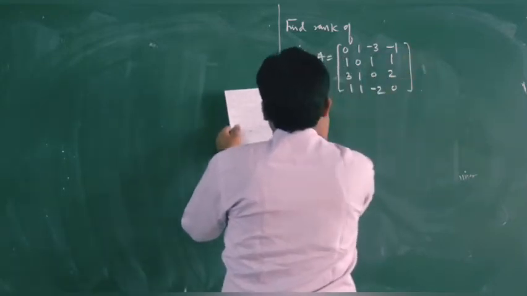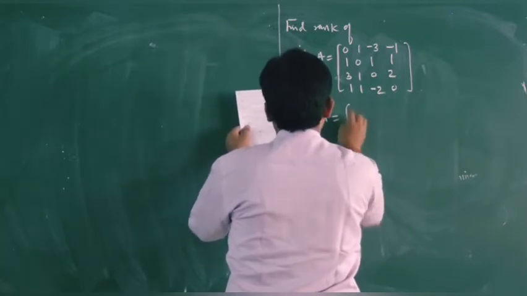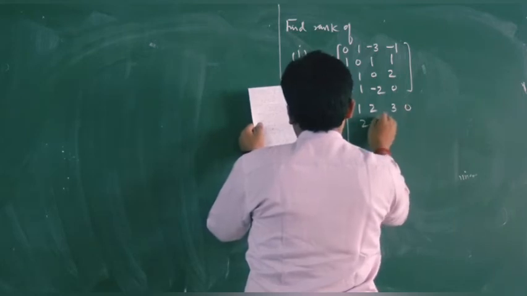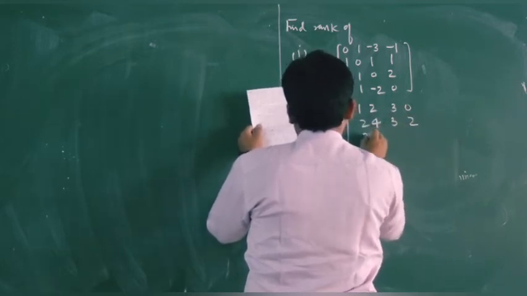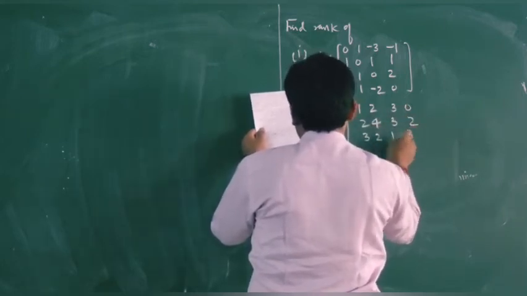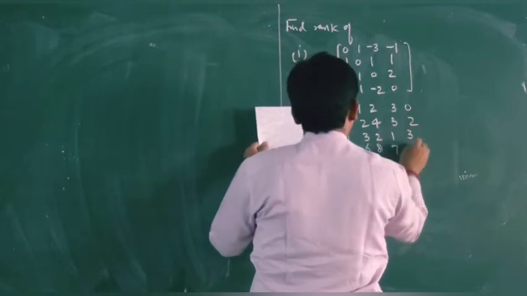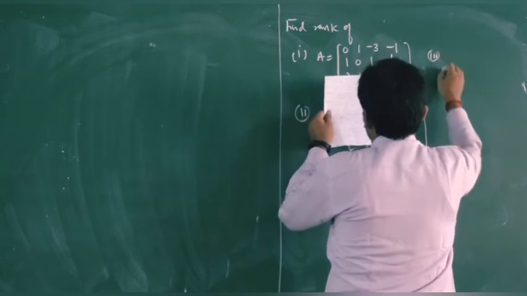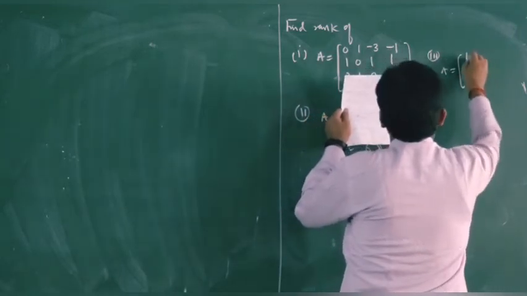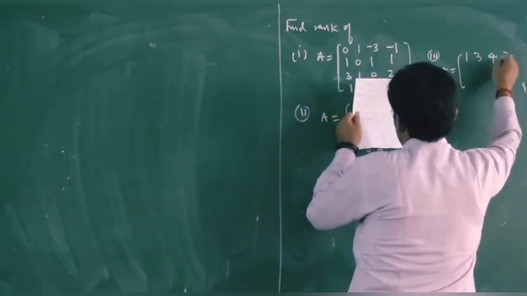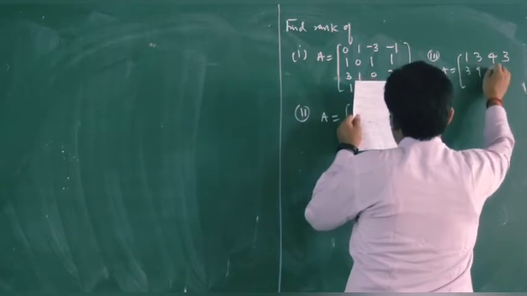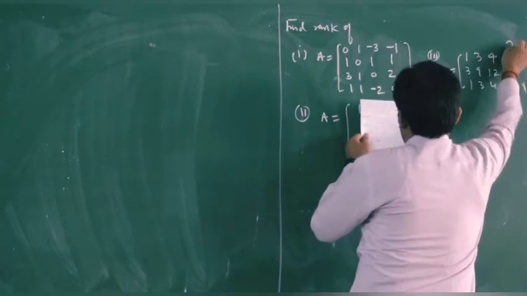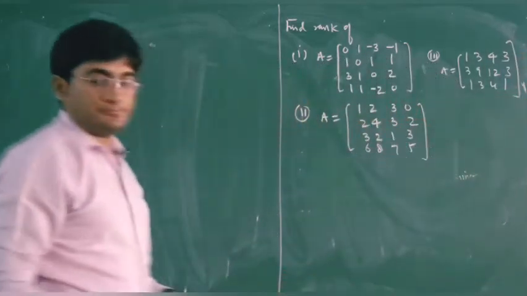The second problem is find the rank of the matrix 1, 2, 3, 0, 2, 4, 3, 2, 3, 2, 1, 3, and then 6, 8, 7, 5. Then we have the third matrix A equal to 1, 3, 4, 3, 3, 9, 12, 3, and 1, 3, 4, 1. So let us consider these three examples.